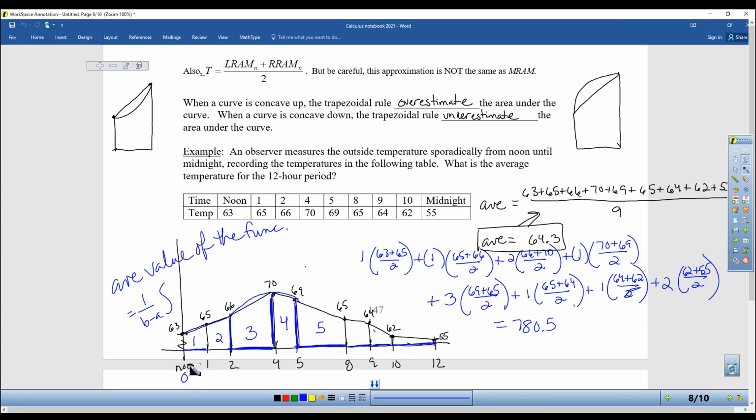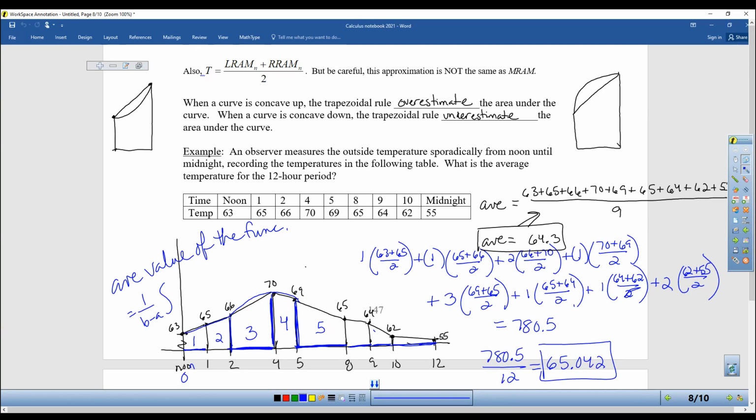So this is pretty much 0, this noon, and 12 hours have gone by. So 780.5 is the total divided by 12. That gives me, let's see, 65.042. That's the number that you want to compare to the average that you got otherwise.